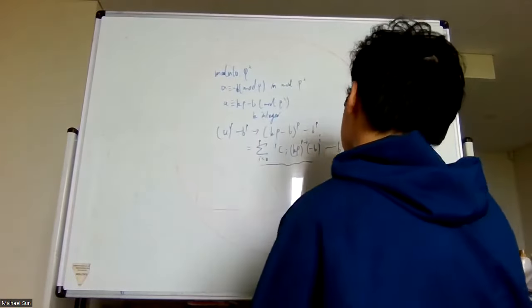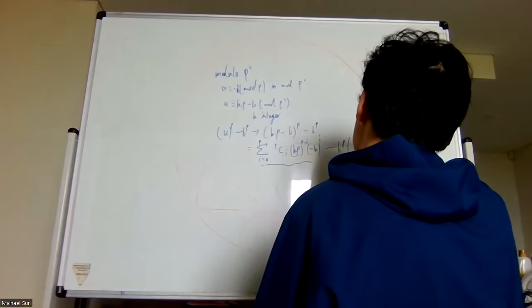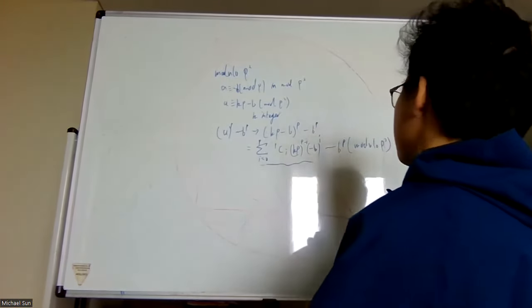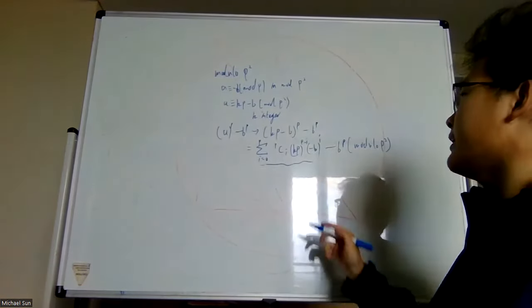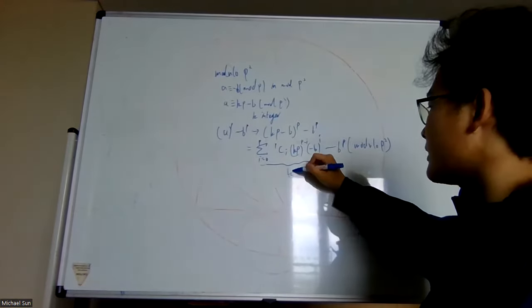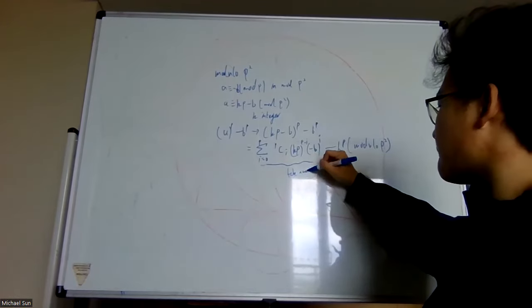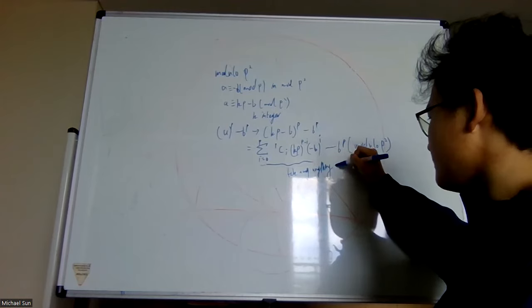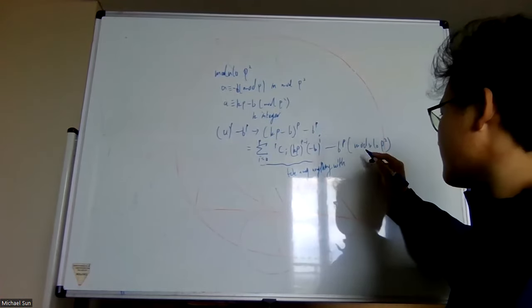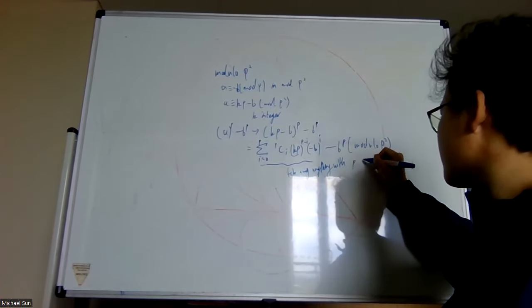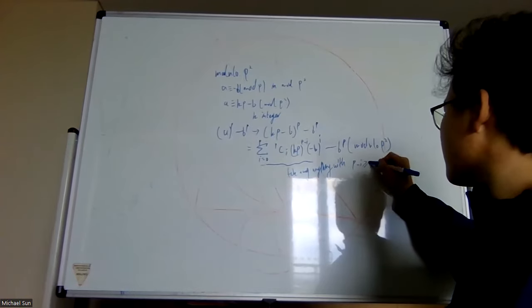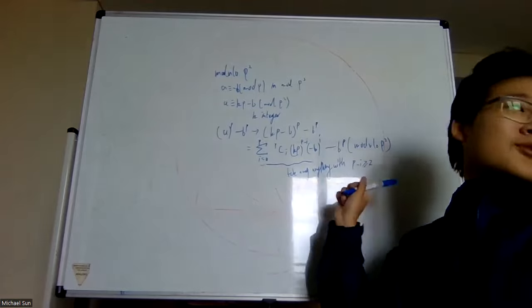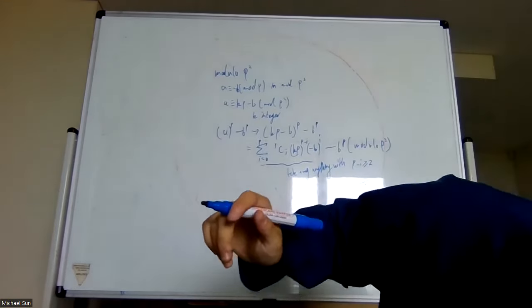Okay, so now keeping note that we're modulo P squared, that means we can take away anything that's divisible by P squared.